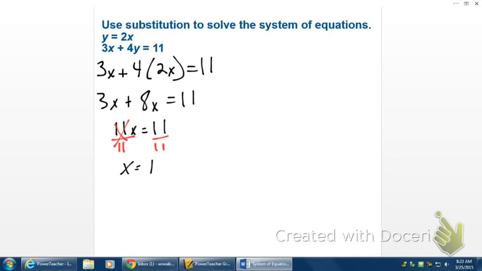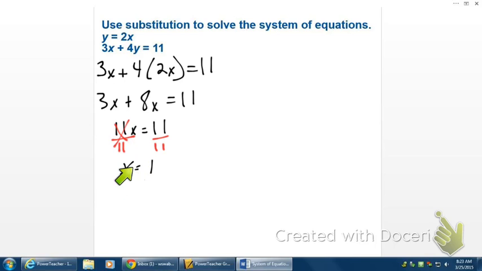Destiny, what are we going to do now? How are we going to figure out the y value? Since we have the x value, how do we figure out the y value? What are we going to do up here? Freddie, help her out.